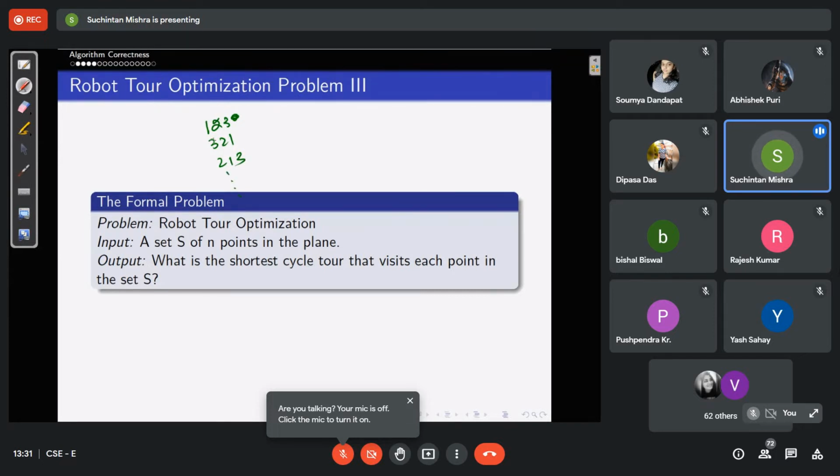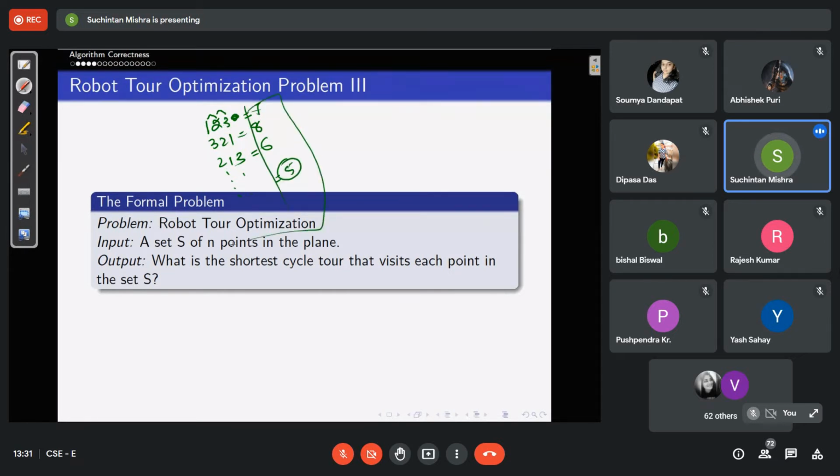Once I write these combinations, I am obviously going to add their distances. From 1 to 2, what is the distance? From 2 to 3, what is the distance? Suppose this one I get 7, then this one I get 8, this one 6, some other I get 5. I compare all the distances.